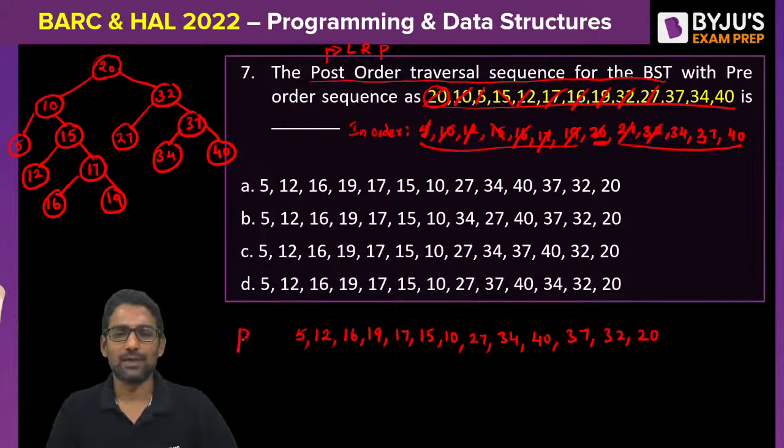So this would be the post-order traversal sequence: 5, 12, 16, 19, 17, 15, 10, 27, 34, 40, 37, 32, 20. That is option A.